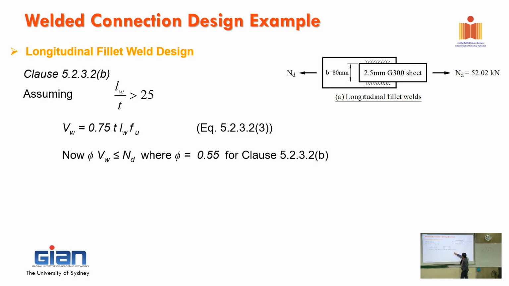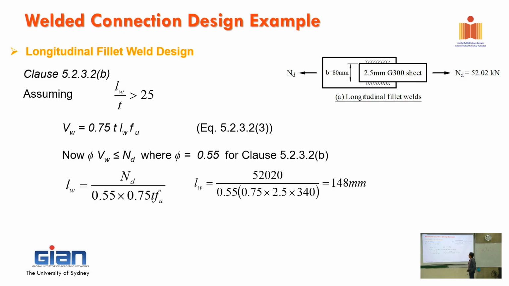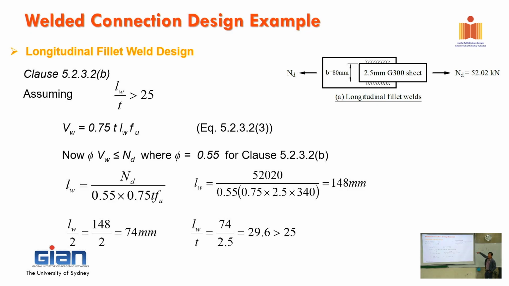And because the weld phi factor is 0.55, we put in this equation, then we can back calculate the L. So the required length of the weld is 148 millimeter. Because we have two legs, one on top and one on bottom, we divide it by 2. So each one you need 74.